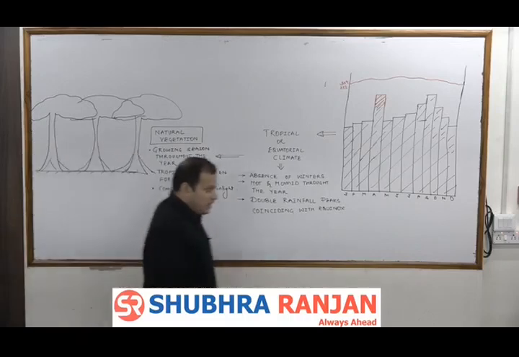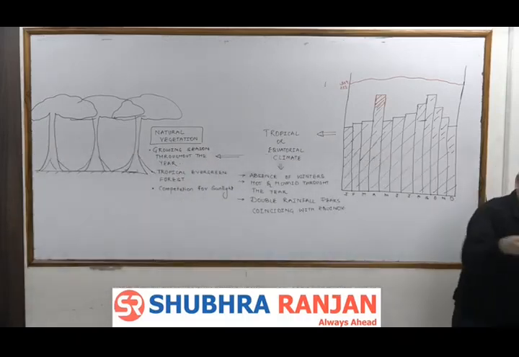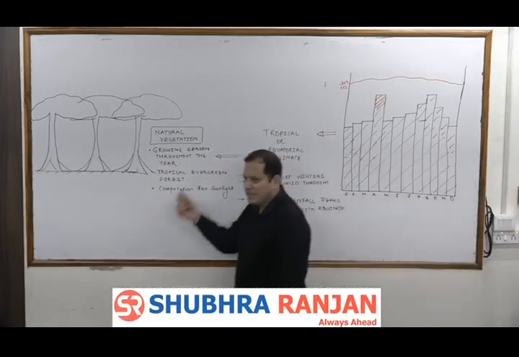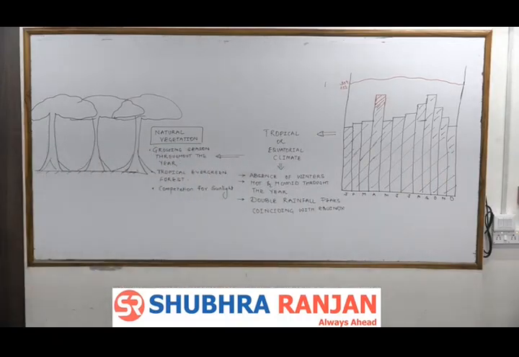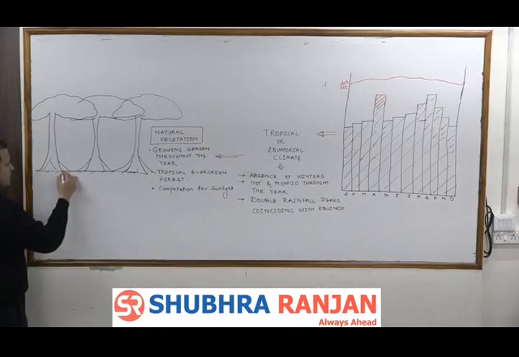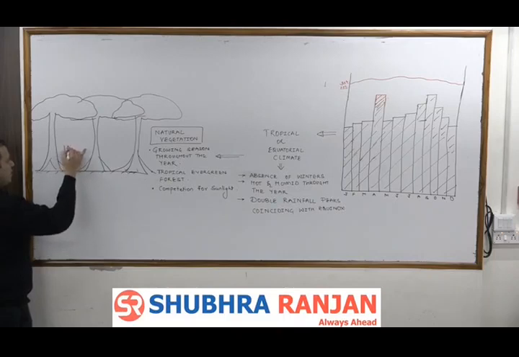Then there is a second layer of the trees. Their height is somewhere around 120-130 feet. The height of these trees, the tallest trees. Then there is a second layer of the trees which can grow on filtered sunlight, which is of the height of our trees.